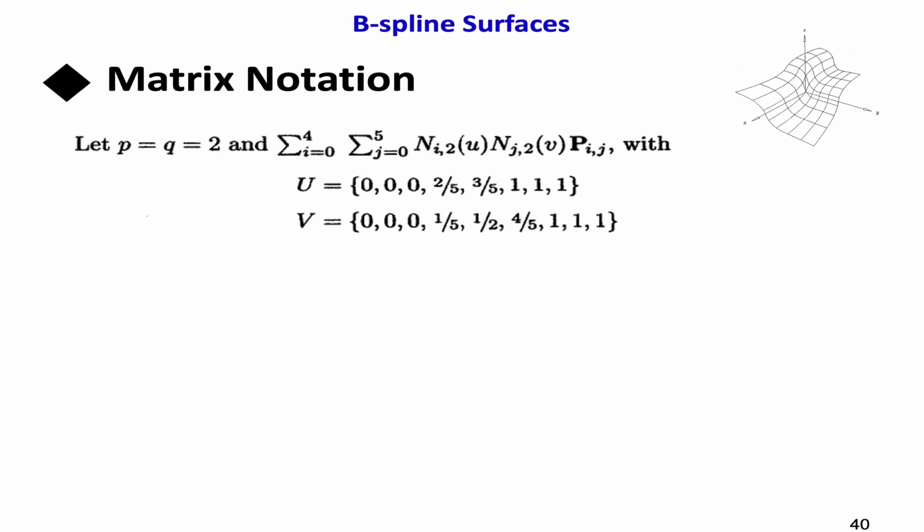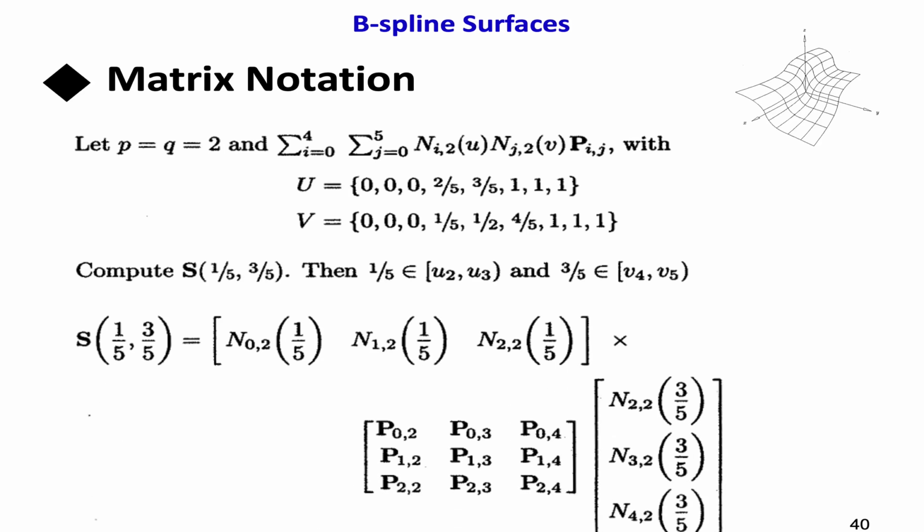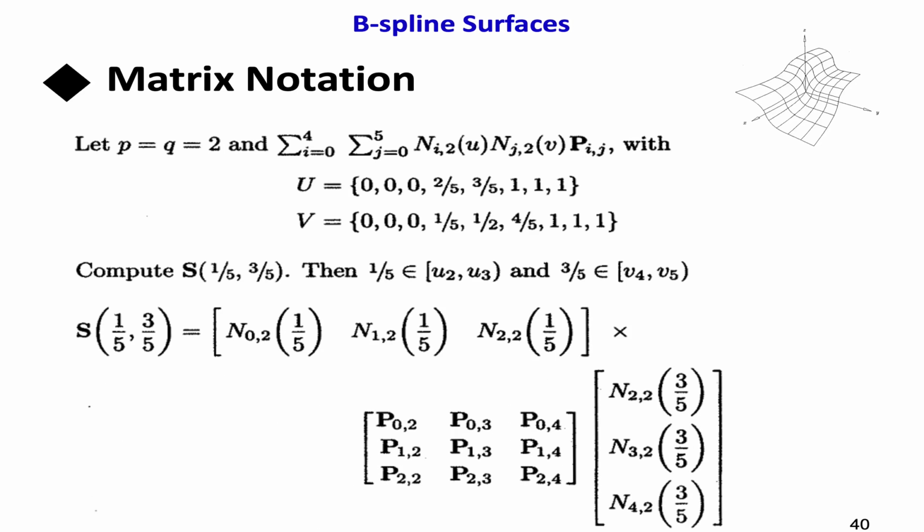For example, let p = q = 2, and the summation over i=0 to 4, j=0 to 5, is a multiplication with these two vectors to compute S with the knot values 1/5 and 3/5, where 1/5 belongs to the range from u2 to u3, and 3/5 belongs to the range from v4 to v5. We can get this equation.